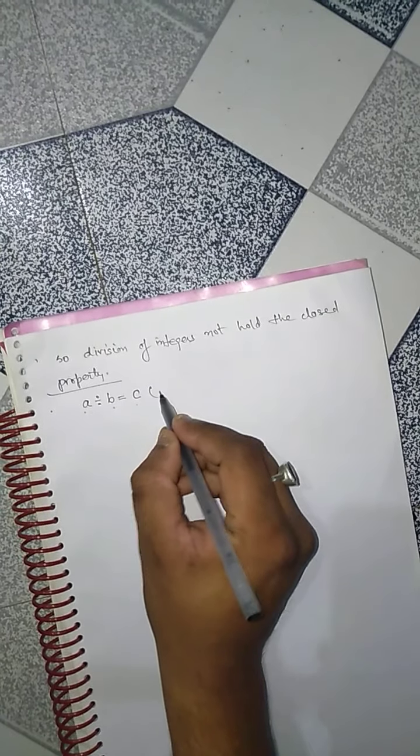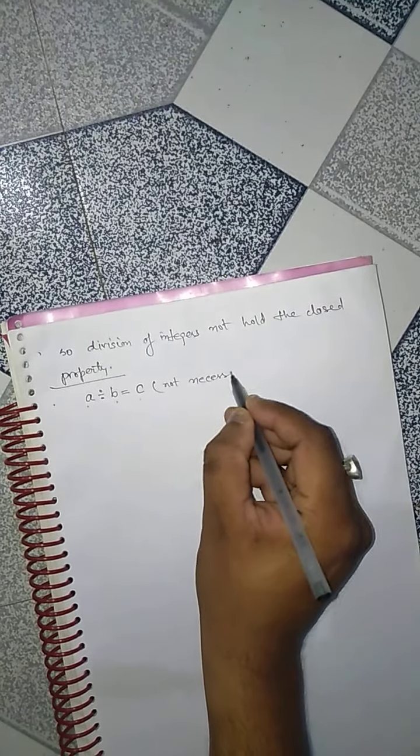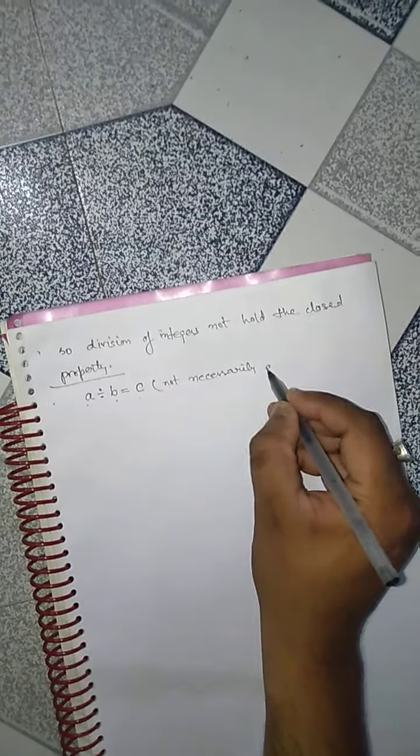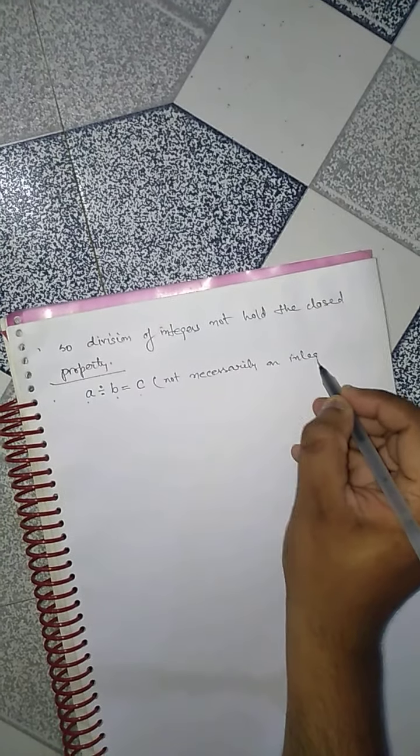If a and b are integers, it does not mean that the quotient we get is also an integer. Not necessarily an integer.